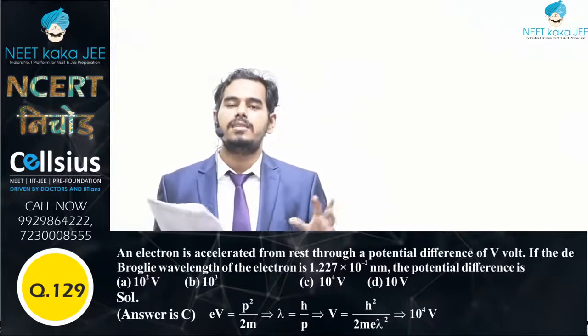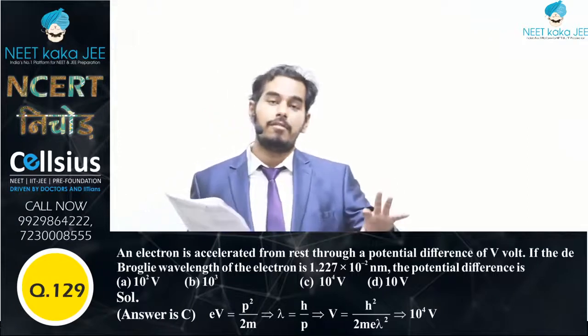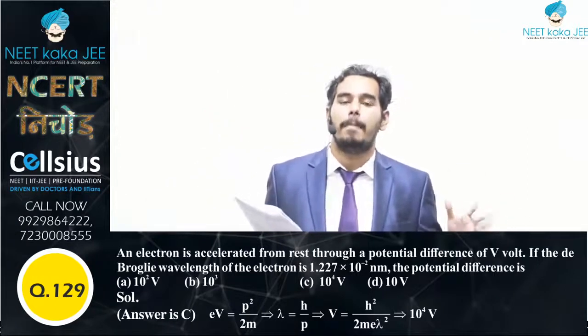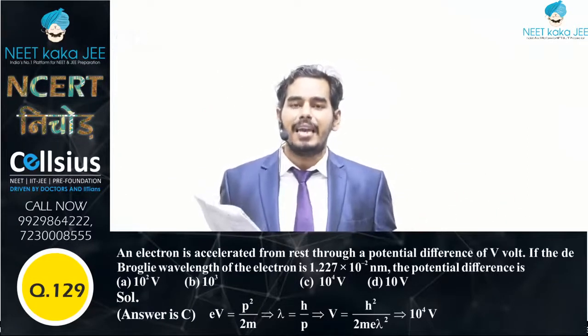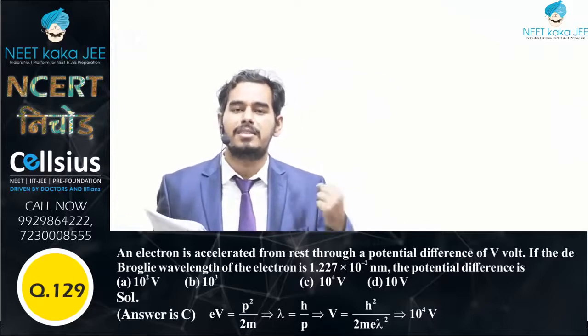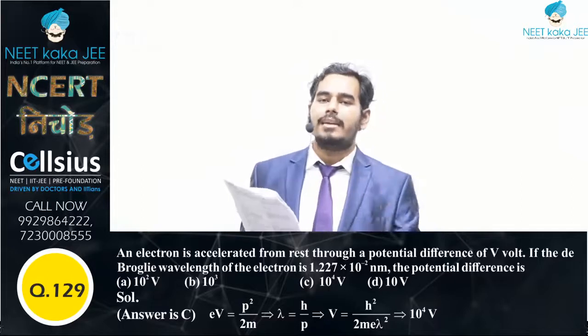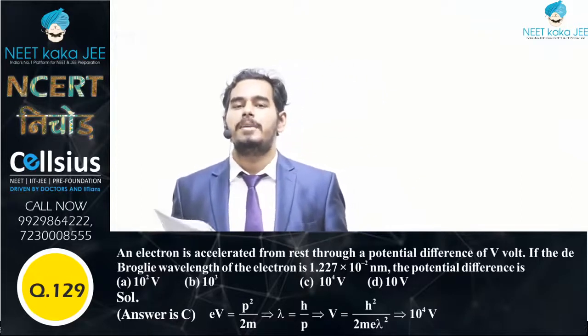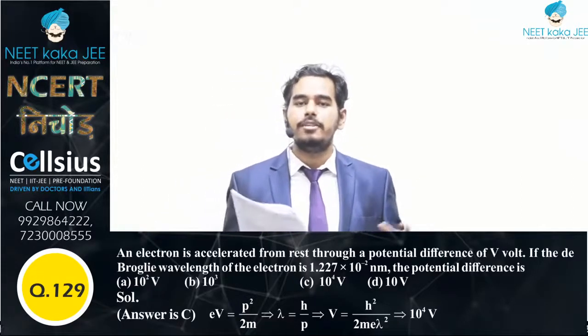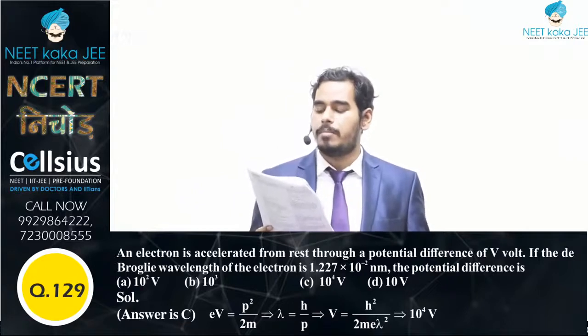So eV is the change in potential energy. Whatever is the loss in potential energy will manifest itself as the gain in kinetic energy. So eV equals delta KE, and delta KE can be written as P square by 2m. So we have eV equal to P square by 2m.